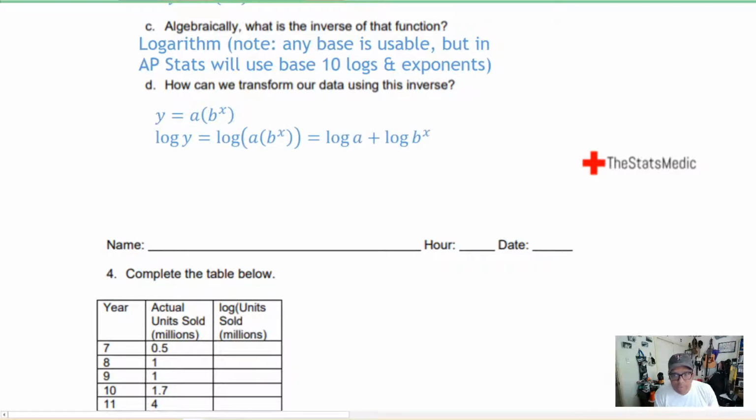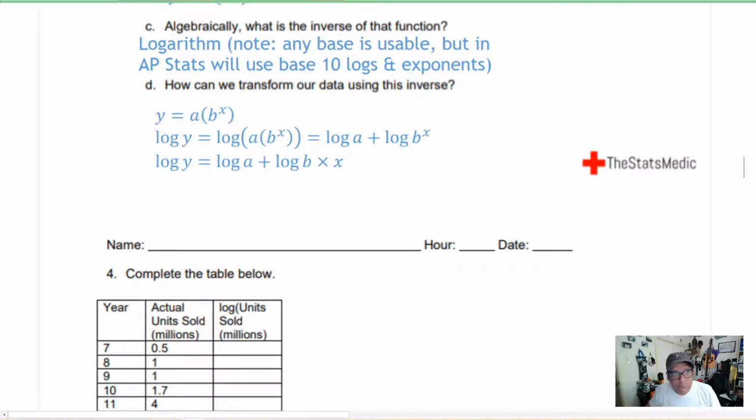Using properties of logarithms, we can actually separate the product by taking a log of the first factor, log a, plus the log of the second factor, log of b to the x. Again, this is where it gets a little bit mathy, but this is one of those properties of logarithms which we are exploiting now.